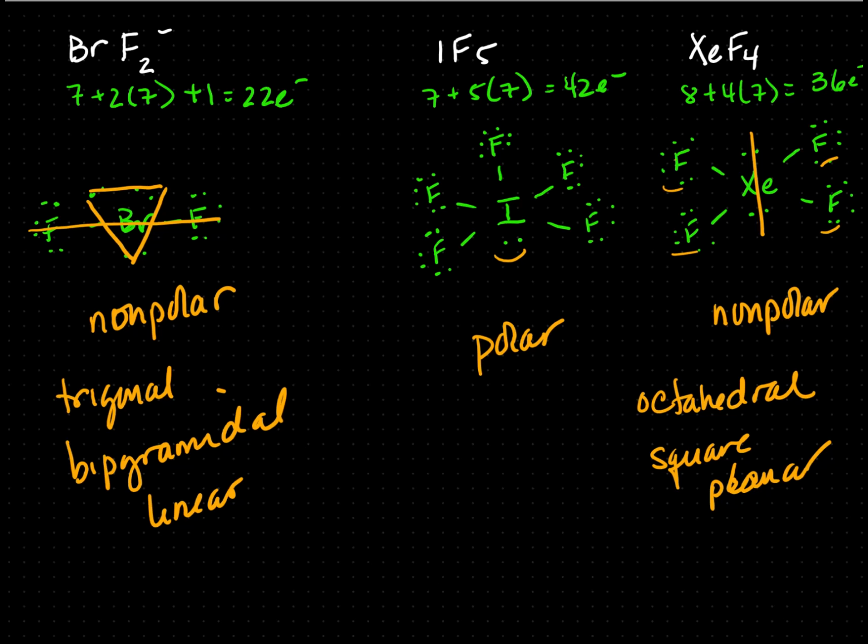The fluorines make a square and they cancel each other out. So you can look for symmetry, the same element on the outside of the central atom, and you can look for lone pairs. If lone pairs are present, then you already know it's going to be polar, with the two exceptions, which are trigonal bipyramidal linear and octahedral square planar.